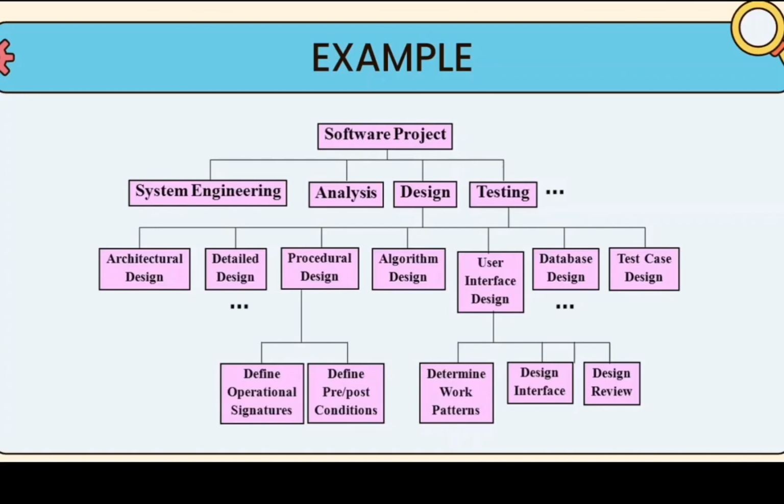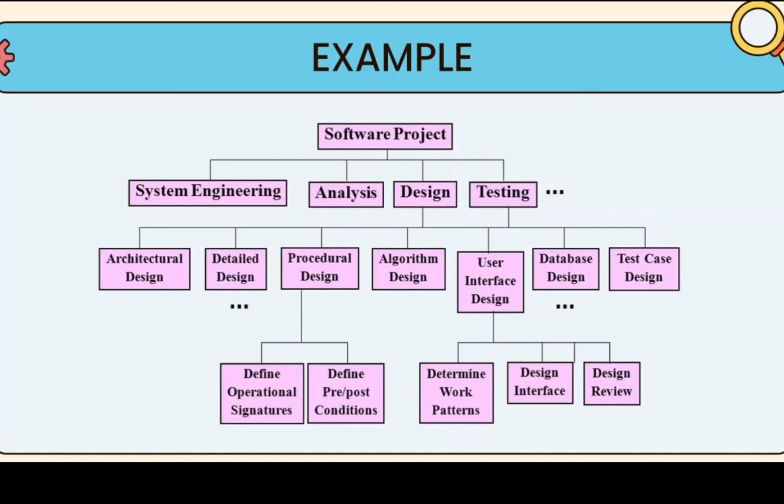Level 1 is the system engineering and analysis, followed by the design, and the last one is the testing. And under the design, we have the architectural design, detail design, procedural design, algorithm design, user interface design, database design, and test case design.